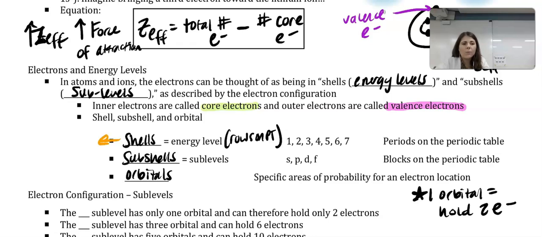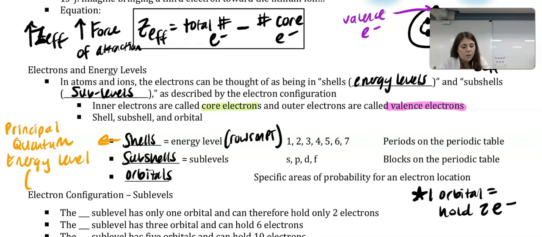Also, just to help you with terminology, another thing that the AP test likes for you to say for energy levels is the principal quantum energy level. Once you get to college, they'll denote this by the letter N. So N equals 1 means that that's the first energy level. N equals 3 would be the third energy level.